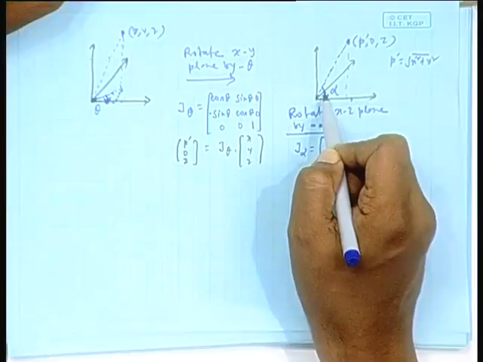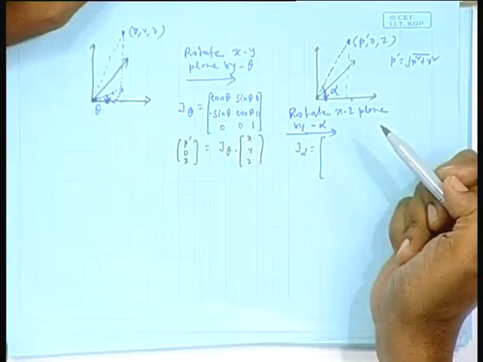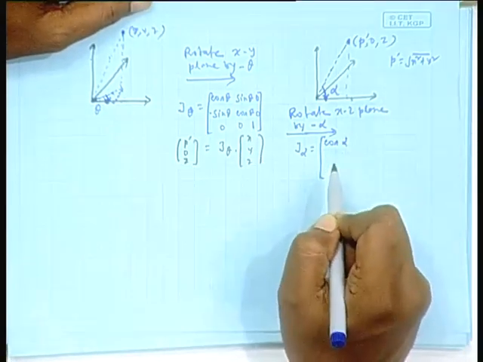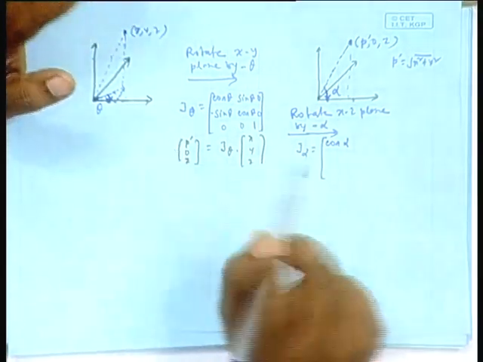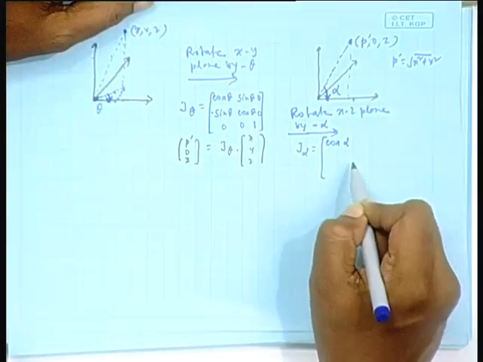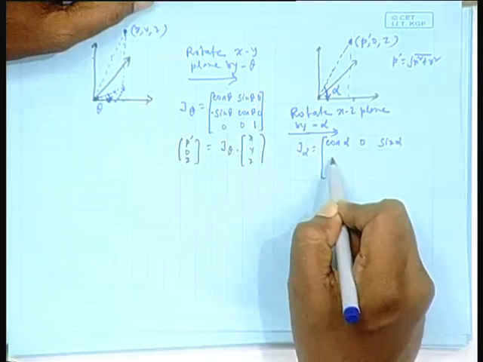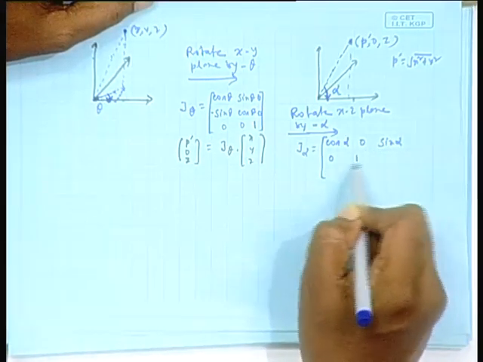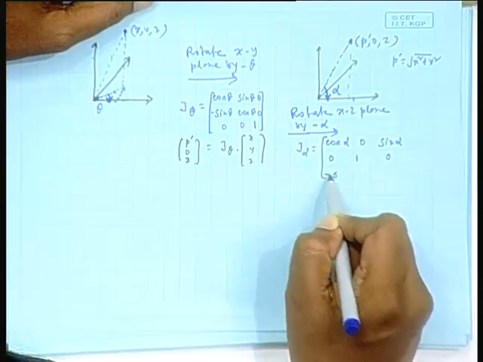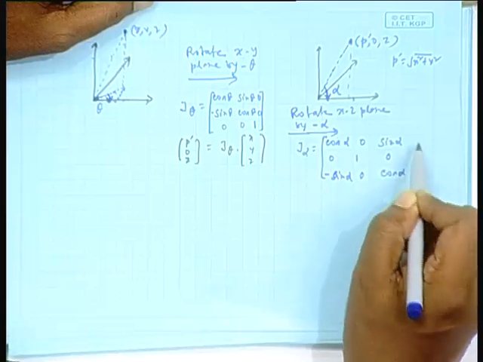By what angle? By minus alpha, right, but the y value will be intact. That means this will be what? Cos alpha, because the plane is rotated by minus alpha, the vector actually will be rotated by alpha in the opposite direction. So, cos alpha 0 sin alpha, and 0 1 0, remember this is coming because the y component has to be kept intact, and then this is minus sin alpha 0 cos alpha, again unitary.